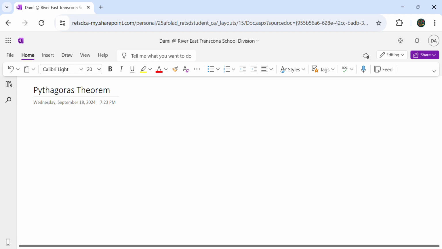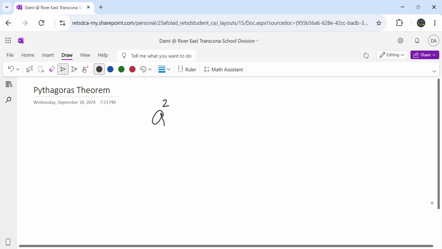Pythagoras theorem is basically a square plus b square equals c square, and it's in terms of a triangle.